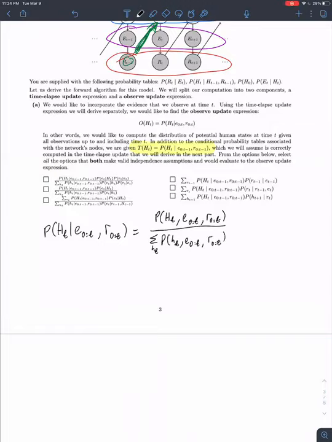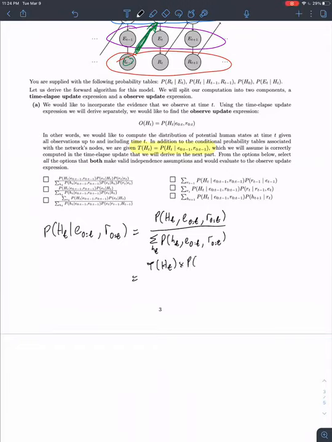Now, how can we write this out? We'd like to use this probability of HT given E0 to t-1, R0 to t-1, which is big T of HT.